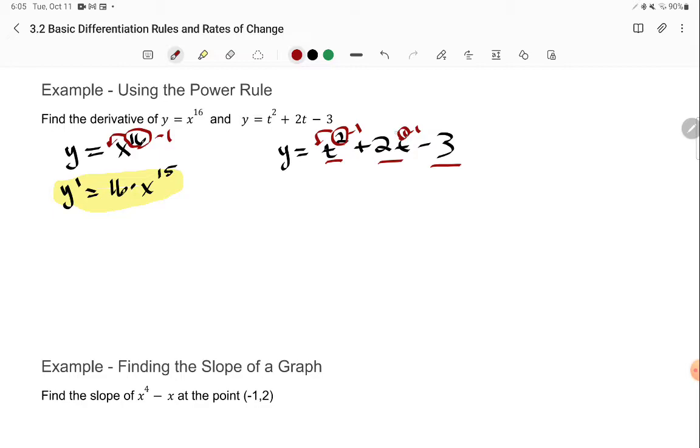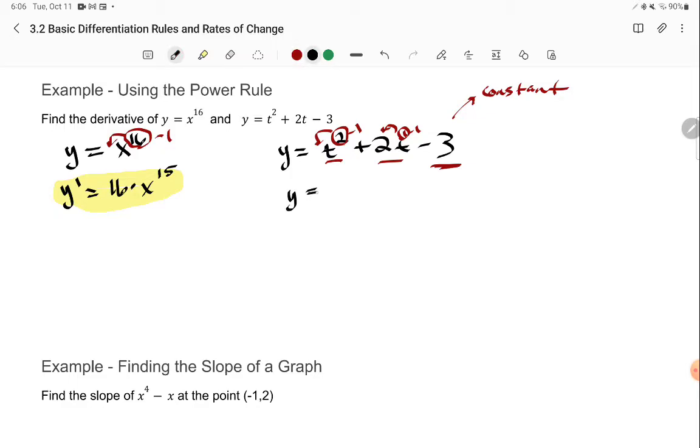And again, this is to the first, you're going to bring it down and multiply. That is a constant. And we already talked about what the derivative of a constant is. And when you're using the power rule, you apply this power rule to each individual term. So again, there are 3 terms here, and we apply the power rule to each individual term.